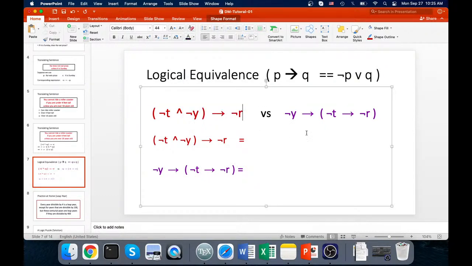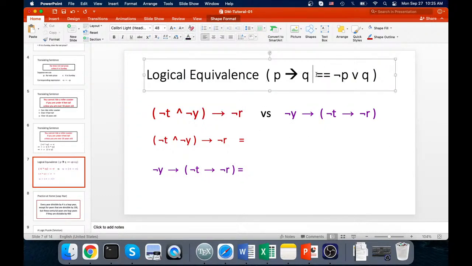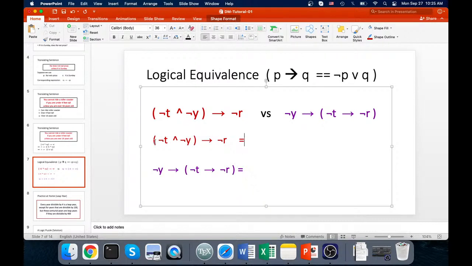So we are making use of this knowledge to help us show that the red expression is the same as the purple expression. First of all, this one implies this one. It is the negation of the first part or the second part. So what is the negation of the first part? By De Morgan's law, this is going to be T or Y. Is that okay?